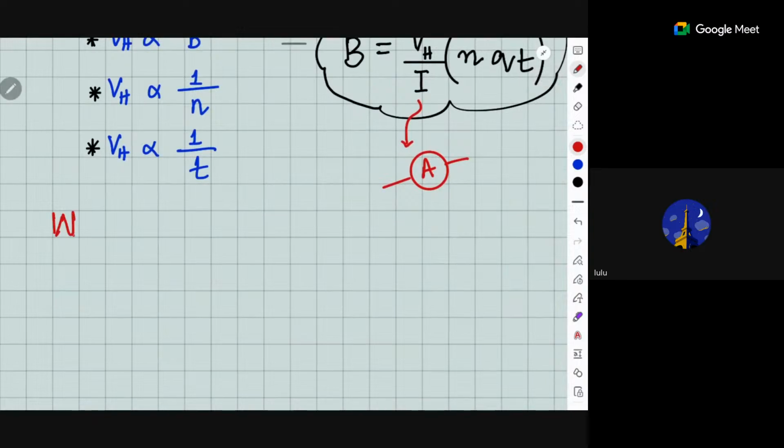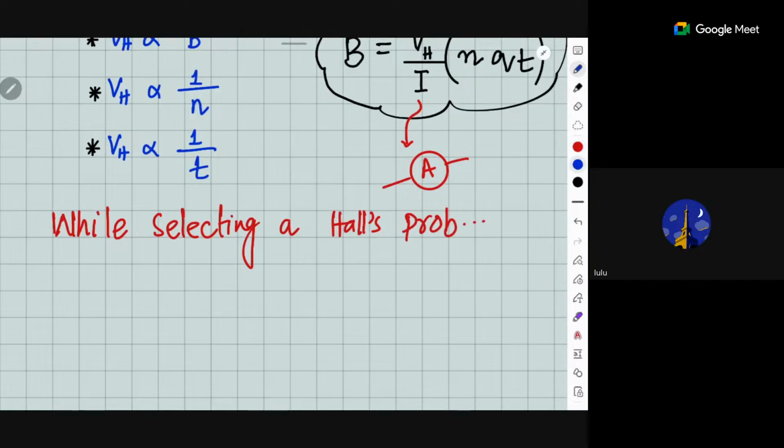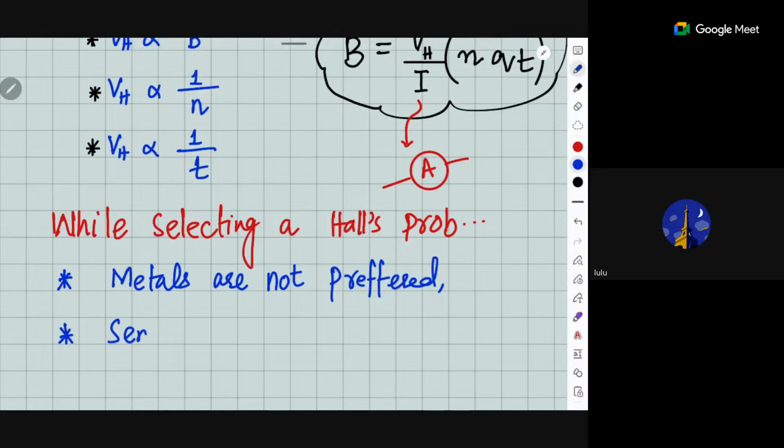While selecting the Hall's probe, there are several points to note down. While selecting a Hall's probe, two very important things. One, metals are not preferred. And semiconductor materials are preferred.